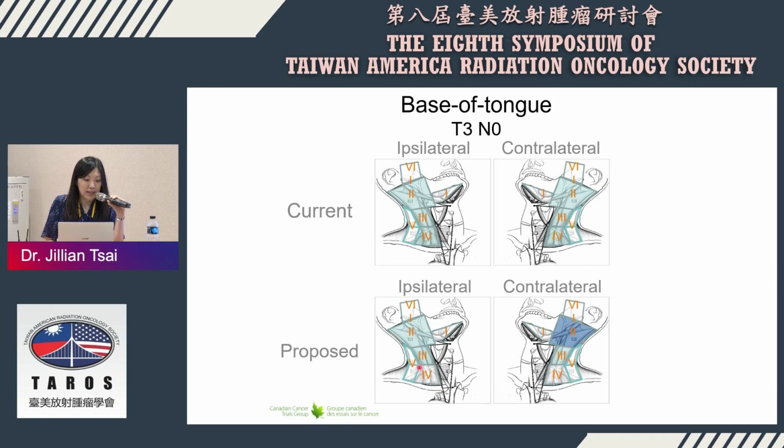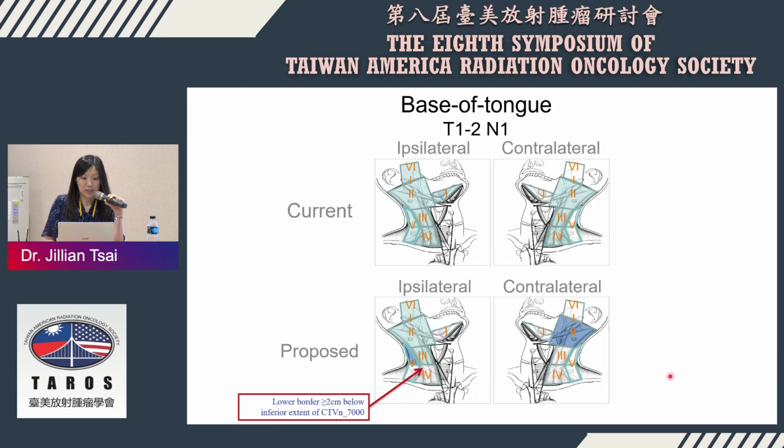However, if it's still N0, because T3, then you treat levels 2 to 3. But then contralaterally, you could potentially just treat the level 2 because there's no lymph node there clinically detected. The probability of having a contralateral level 4 recurrence should be very low, okay?